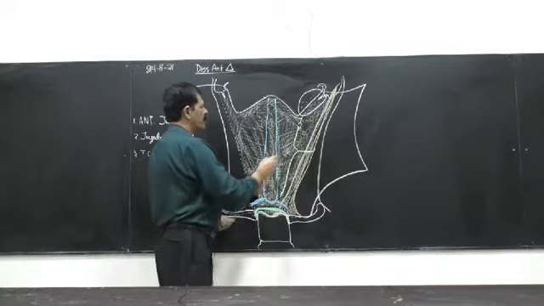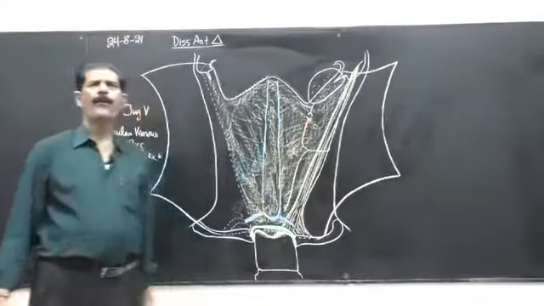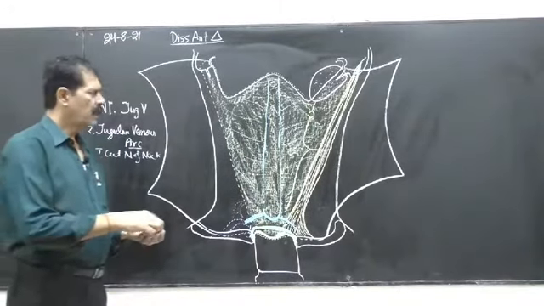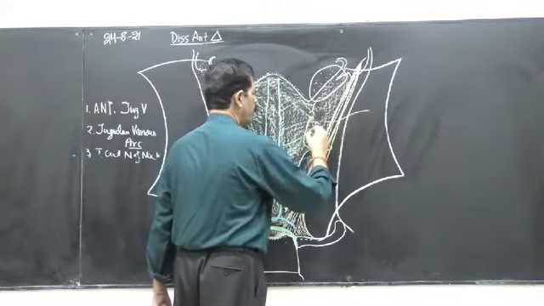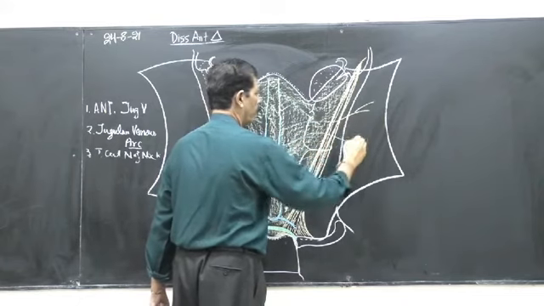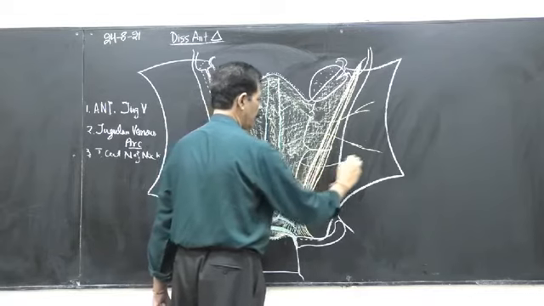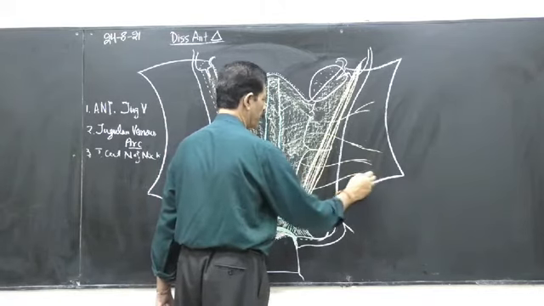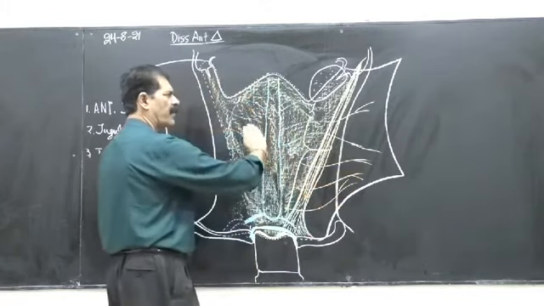So after supplying the platysma muscle, it descends down to communicate with the ascending branch, and after communication it supplies the skin of the anterior triangle. Same, the descending branch also supplies the skin of the anterior triangle up to the sternal notch. So this is the skin we have reflected.